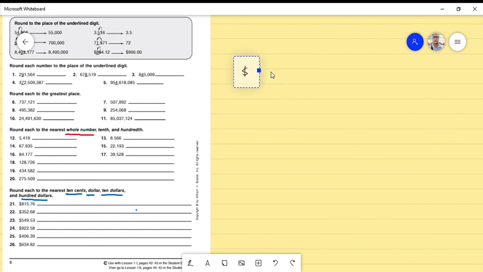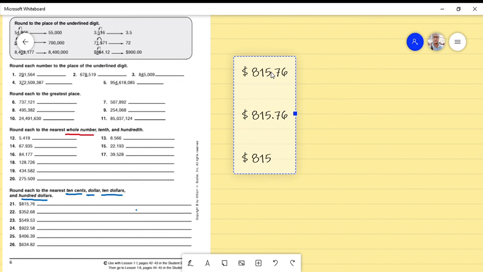Here is $815.76, with the sign of dollar. Be ready.